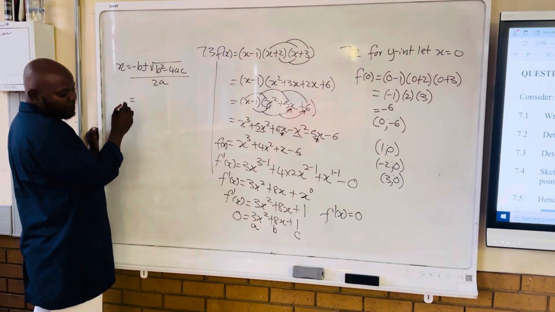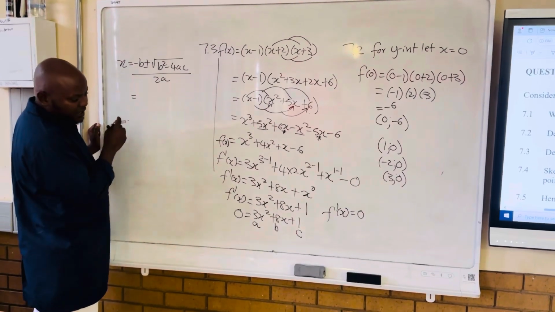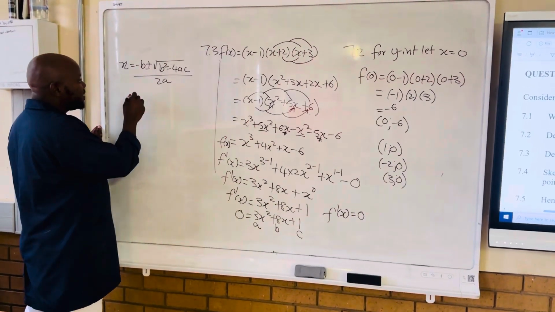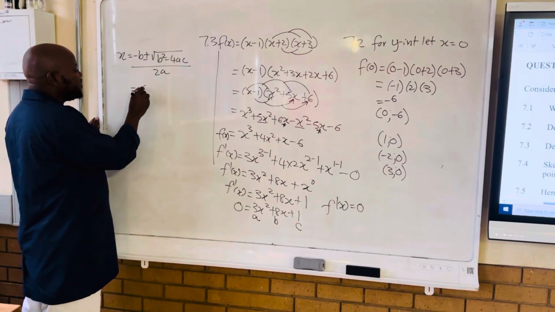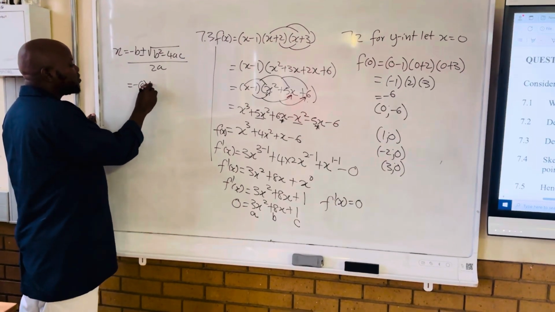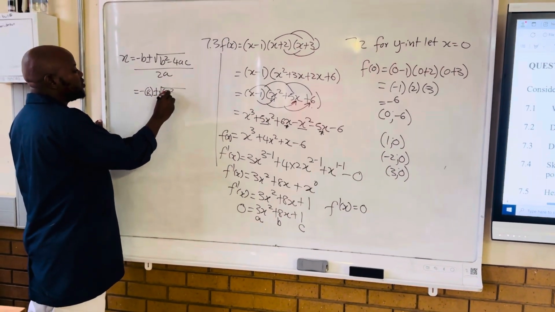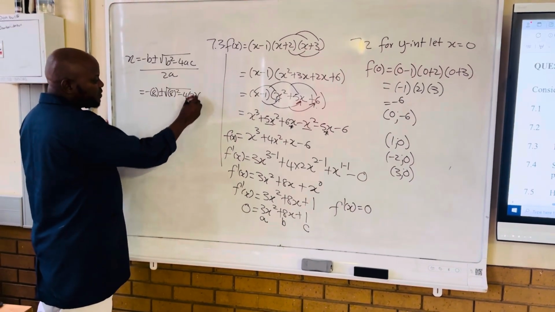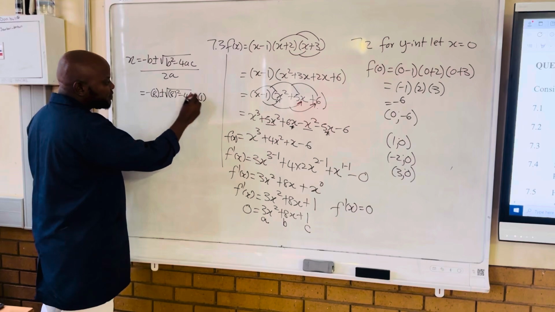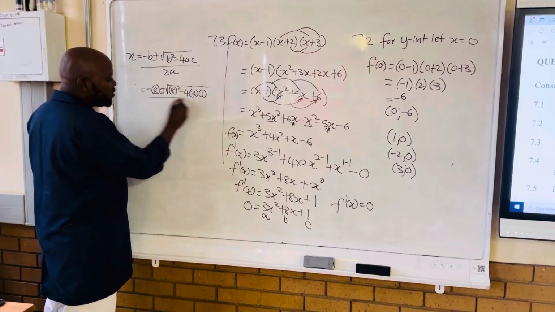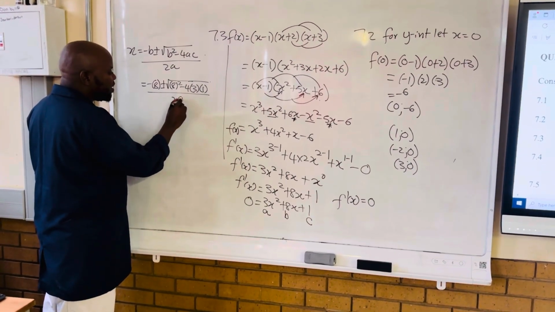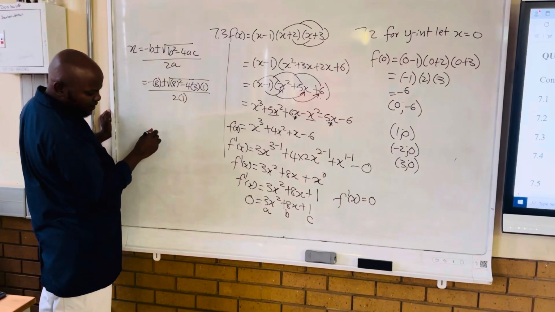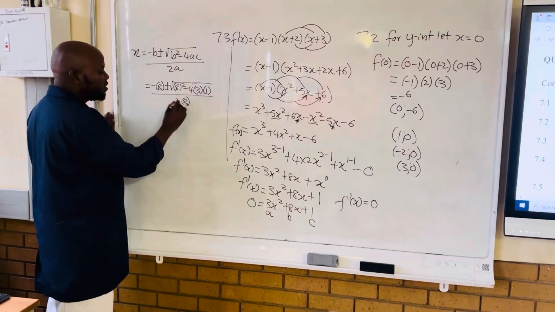The value of b is positive 8. Now we have negative 8 plus or minus the root of 8 all squared minus 4 multiplied by 3 multiplied by 1, divided by 2 multiplied by 3.